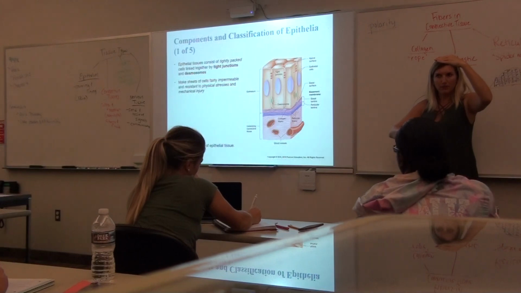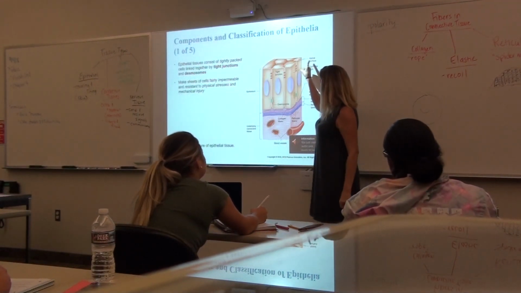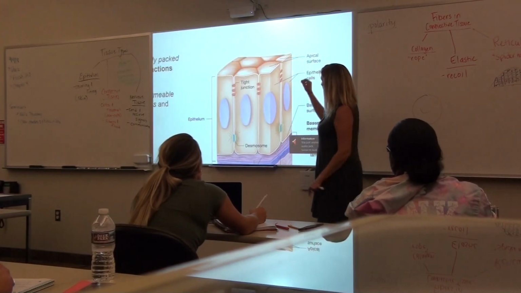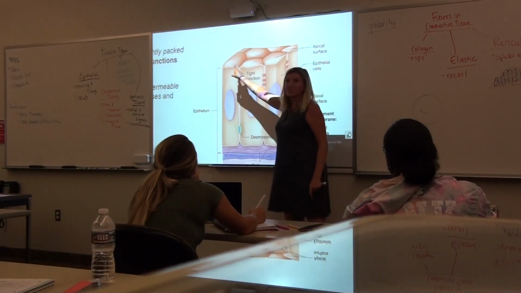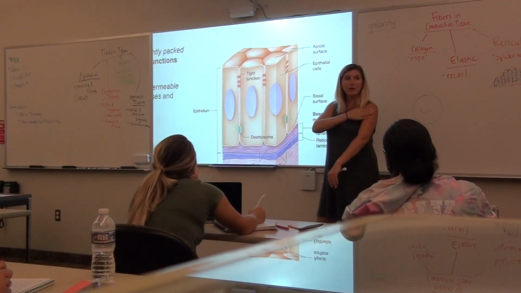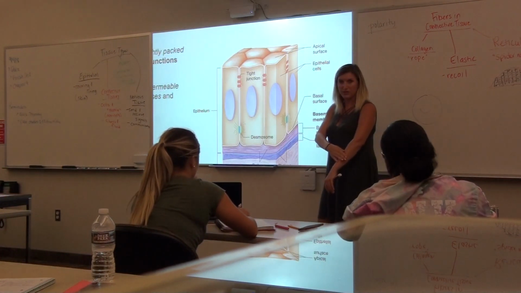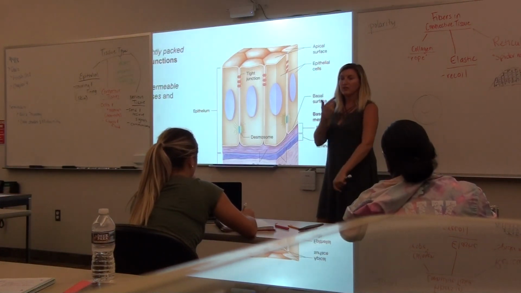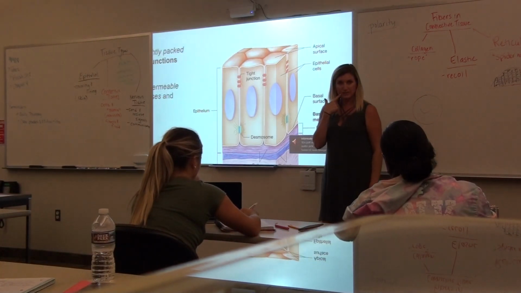So when we look at this picture here, you see this label, apical. Oh, there we go, I forgot I could zoom in. Apical surface. The apical surface is the exposed surface. That's what you see. So you're looking at my skin, you see the apical surface of my epithelial cells. You touch the insides of your cheeks, you're touching the apical surface of your cheek cells.